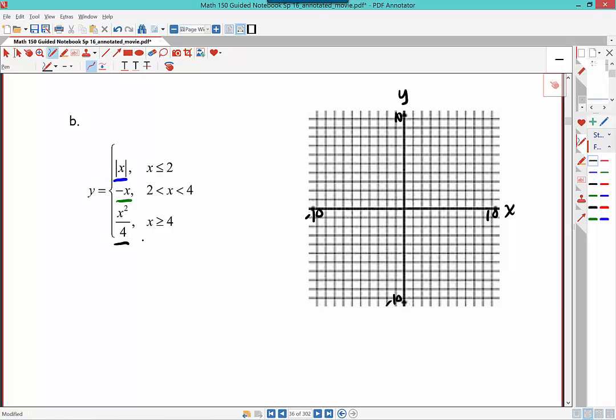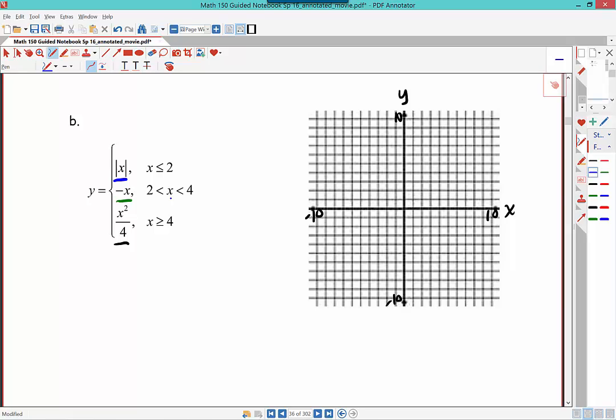our picture. So the first one is an absolute value graph for x less than or equal to 2. The trick on these piecewise functions is to graph each piece, including these border values. And when it's non-inclusive, like in the middle interval, you just put open circles where the output would be.